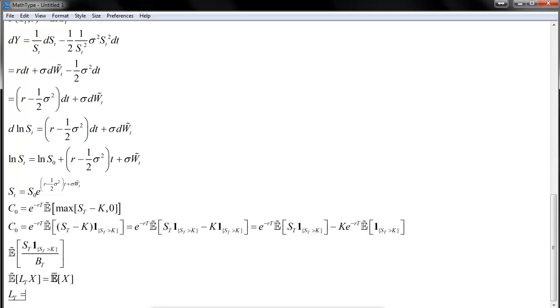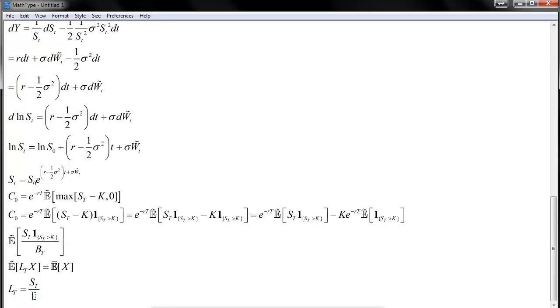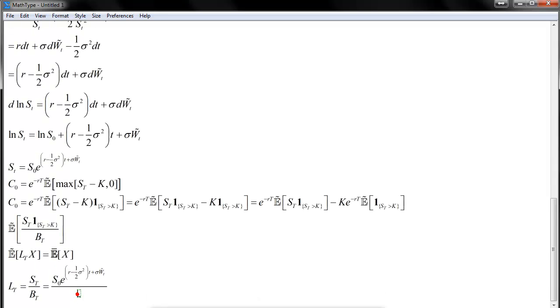Well, if I choose St divided by Bt, what will it give me? Well, I take the dynamics of this divided by Bt, which is e to the rt.